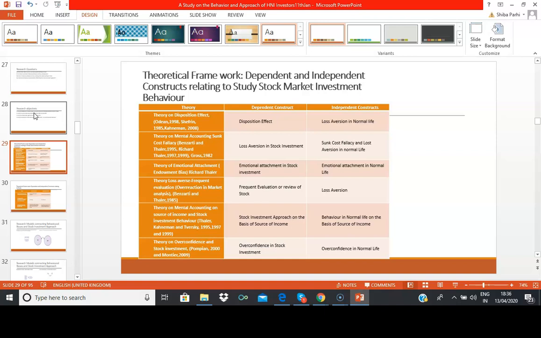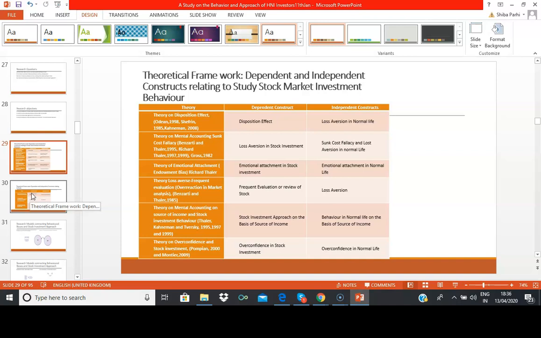If you go through how the researcher has explored and found out the various theories showing the relationship between the different constructs, the author's name and the topic name are in the first column, the dependent construct and independent construct in the second column. This way, the researcher has tried to find out all the independent and dependent variables in his research framework. And let us see how the researcher is going about designing the different models.